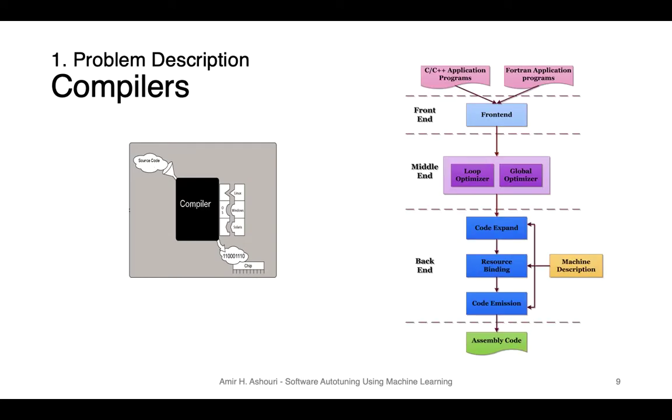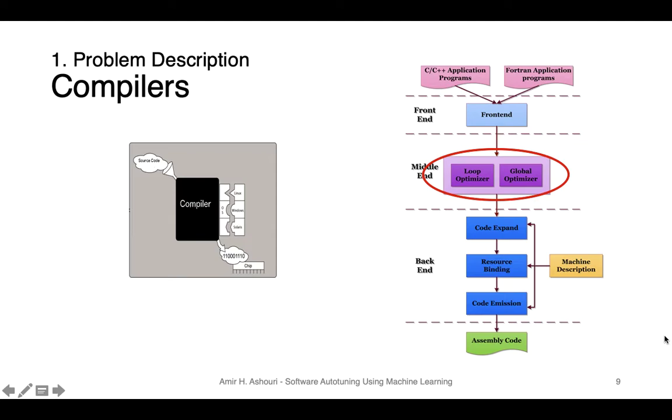If you zoom into the module, you're going to have several layers within the compiler. You have front end, middle end, and back end. The front end accepts different high-level languages, depending on the compiler, so C, C++, Java, or other things. It's going to check the semantics, the context, and the syntax, and the bulk of the optimization is done in the middle end.